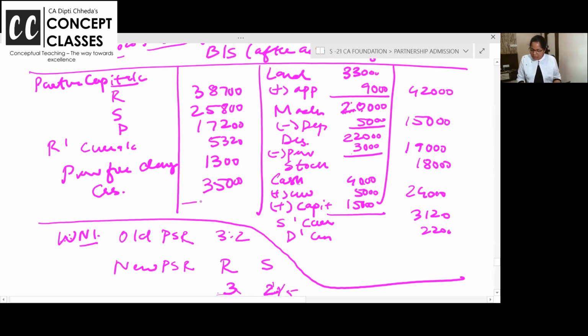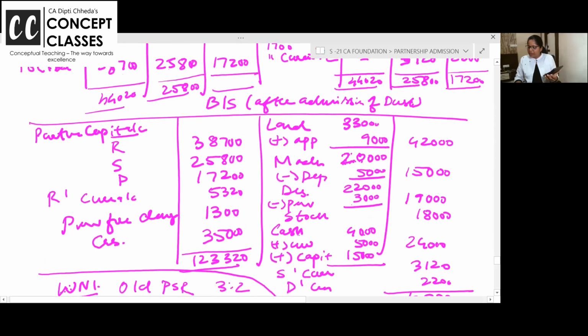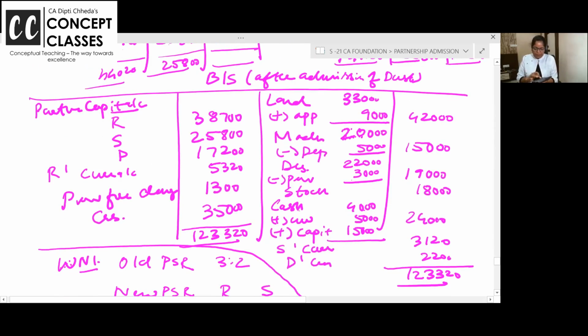What is the total of the balance sheet? 123,320. 123,320. Check it on both the sides. Done.